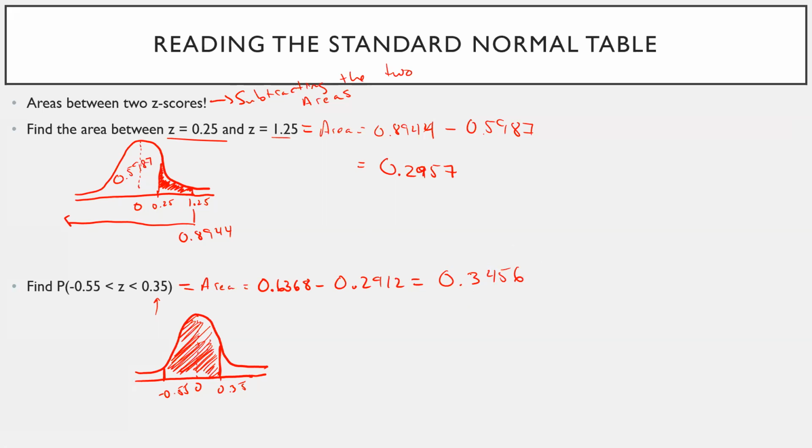Ah, that's funny. 3456. Okay. Does it make sense how to read the table? Are we good on that? Do we think? Okay. Now we're ready to answer that iPhone example.